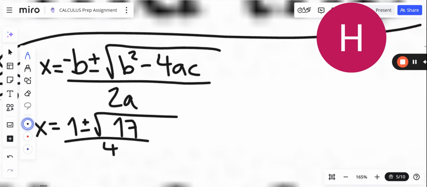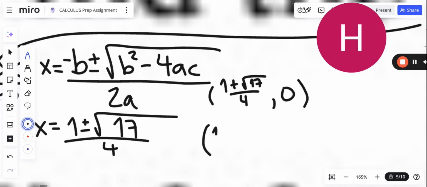So we have 2 X-intercepts. One of them is 1 plus the square root of 17 all over 4, which is like 1.25, maybe it's like 1.3 or something like that. And then we're going to have 1 minus the square root of 17 over 4, comma 0. And this is going to be like negative 0.72 or something.